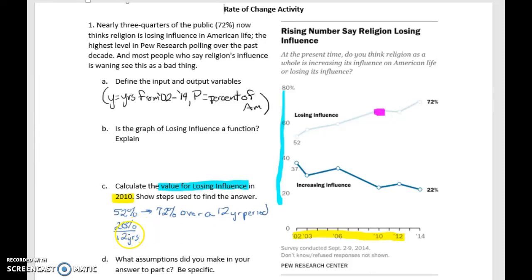Because we're doing this in 12-year segments rather than 1-year or 2-year segments, it's going to be difficult to find year 10.